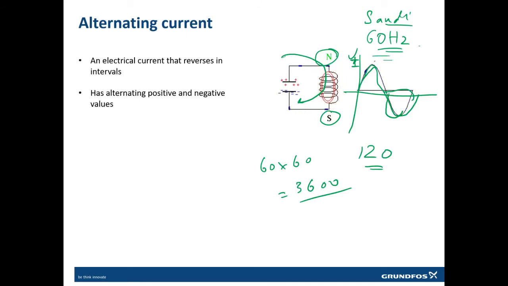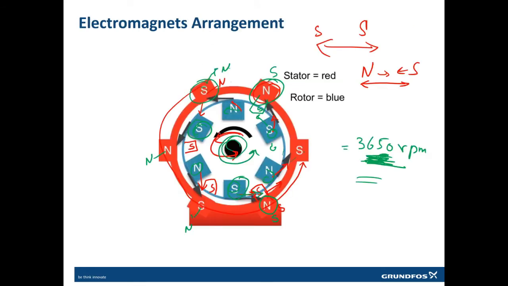But in 50 hertz we will have 50 into 60, because we have only 50 waveforms in 50 hertz. So now we get how we change this south and north.